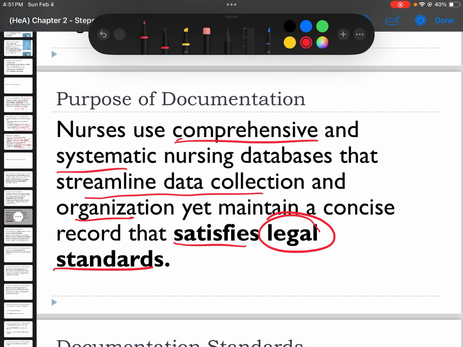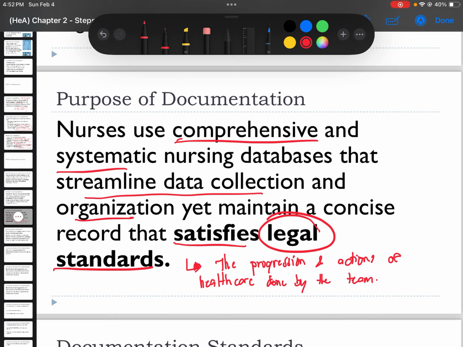So, the reason why it satisfies legal standards is that it shows, no, the progression and actions of healthcare done by the team.